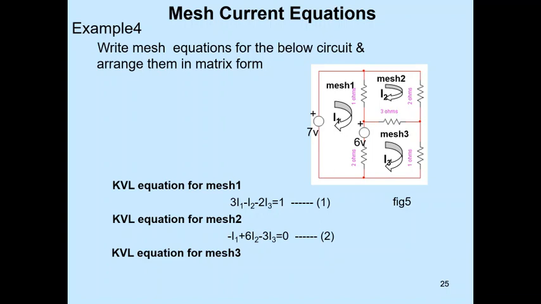So 2 into (I3 minus I1) plus 3 into (I3 minus I2) plus 1 ohm into I3 is equal to 6 volts. By rearranging, minus 2I1 minus 3I2 plus 6I3 is equal to 6 volts. These are the 3 mesh equations for this circuit.